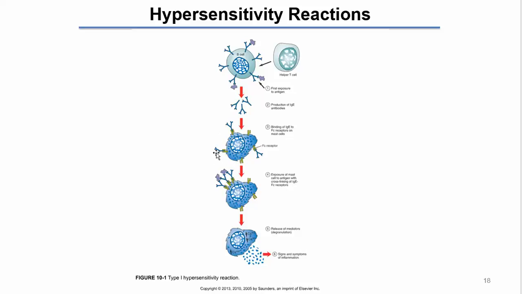The next exposure to the antigen causes an activation, and it's really about cross-linking of the receptors, the IgEs that are on that basophil. We won't get into that. The basophil then releases its granules, which is called degranulation. In the granules are the histamine and the cytokines and the serotonin and the various other things that cause the inflammation. So then what you see is inflammation.